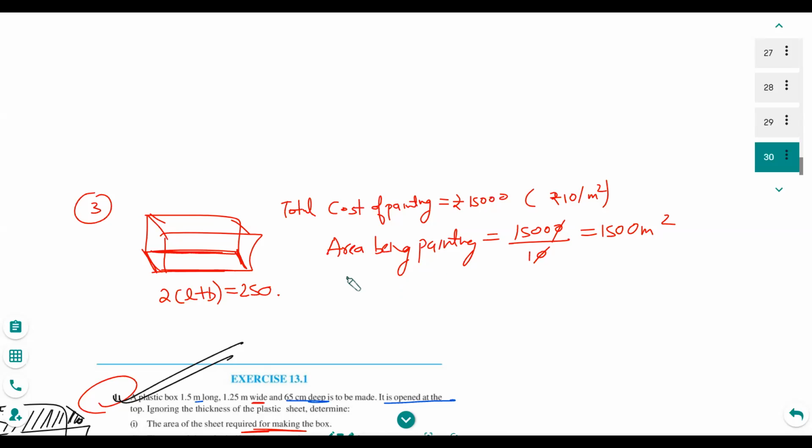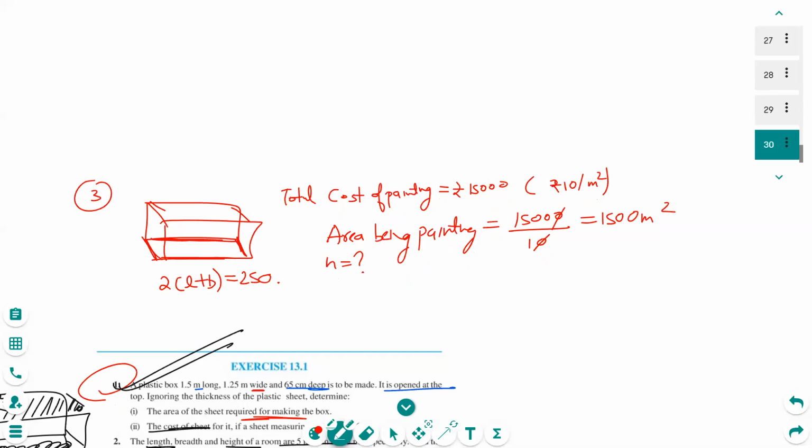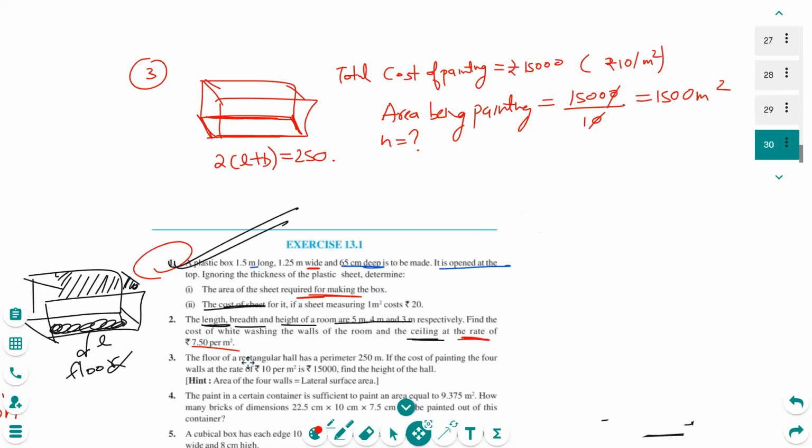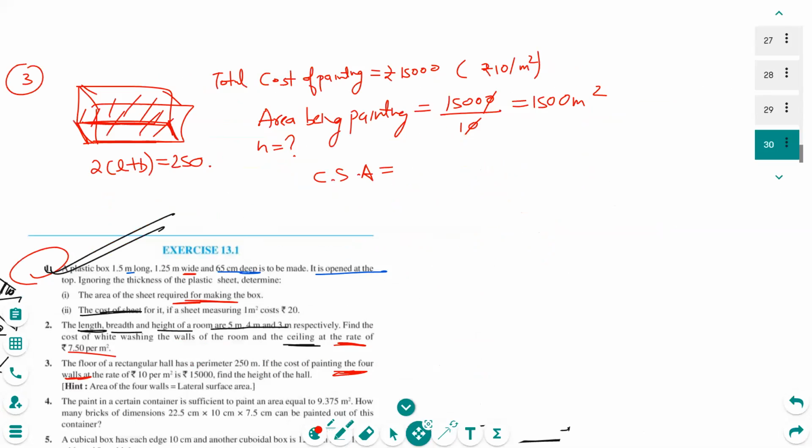Now the thing is, I have to find the height. I only have to paint the walls, the cost of painting the 4 walls. It's only talking about the walls, so the walls mean the curved surface area. The formula for curved surface area is 2(L plus B) into H, isn't it?